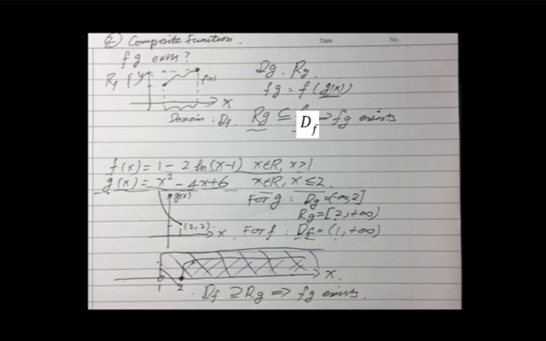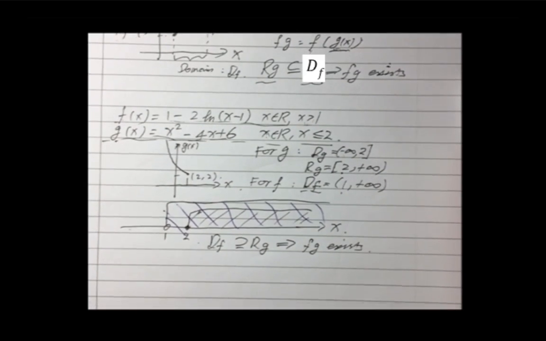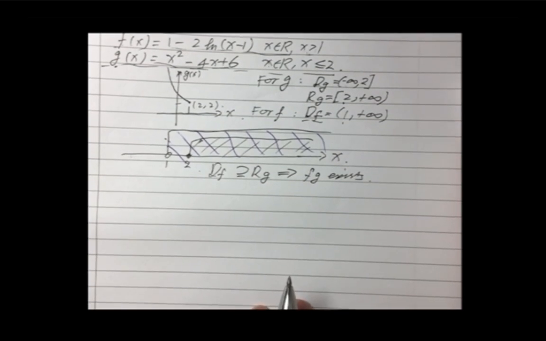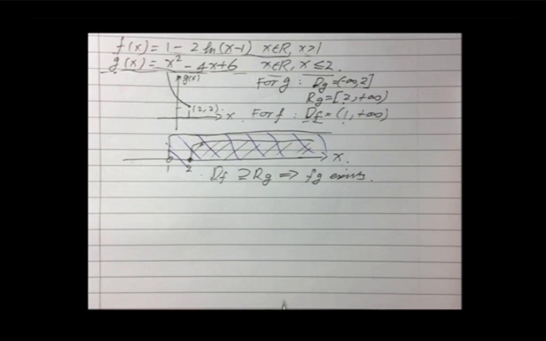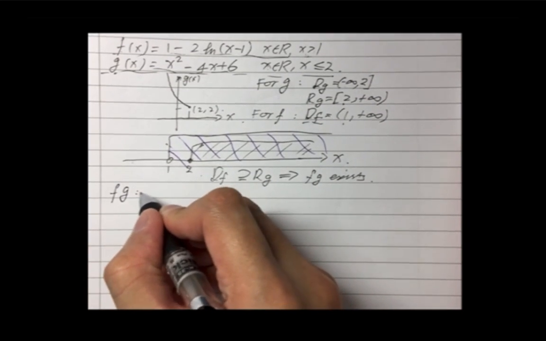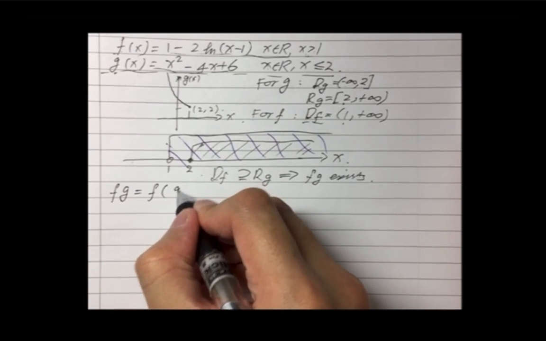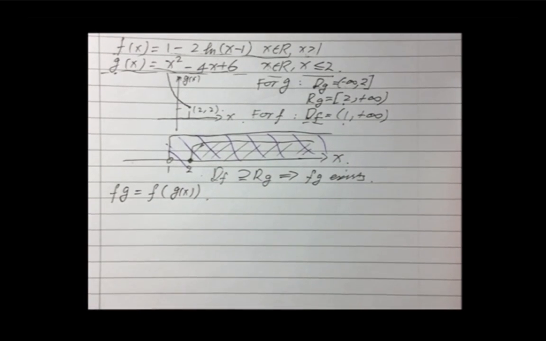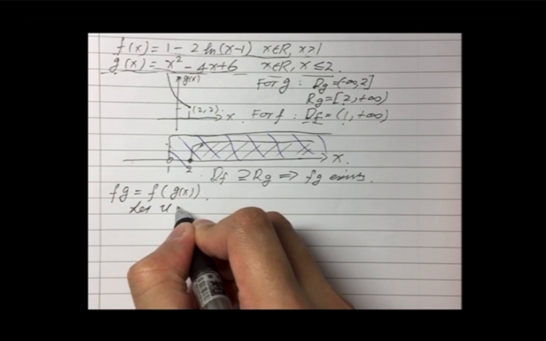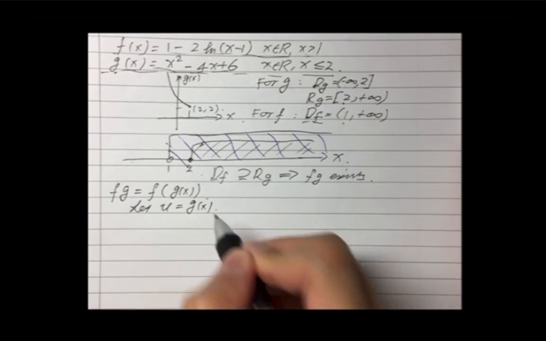And the second part of this question: define fg and find its range. We need to find out what fg exactly is. I need more space. So we know that fg is basically f with g(x) inside. Let's do a substitution so you may get it clearer. Let u be g(x).